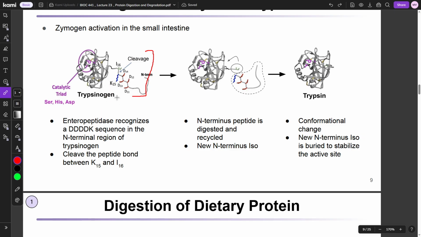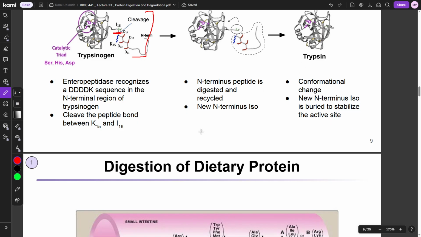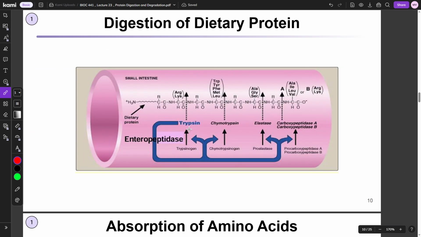So it recognizes this quadruple D-K sequence, and then it cleaves it between this lysine and this isoleucine here, and that causes the active form to occur. This is just another mechanism showing where these different enzymes cleave, basically.